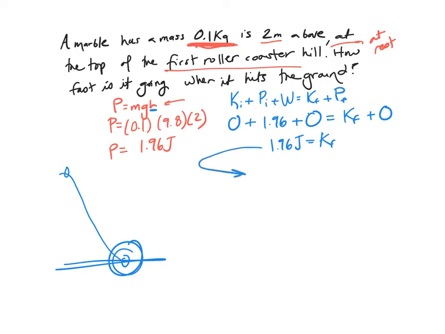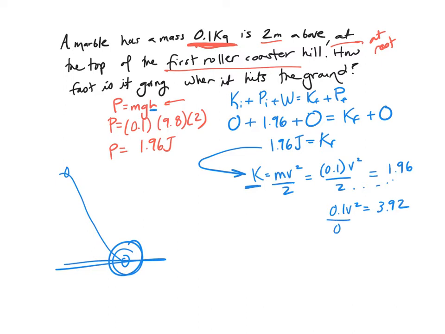What do we do with that? Well, if they want the velocity, you're always going to have to use this equation. Why? It's the only one that has velocity in it. So the mass is 0.1. We're solving for the velocity squared divided by 2, and our kinetic energy was equal to 1.96. So easiest way to do this, probably going to multiply up that 2. Okay, so we have 0.1 v squared equals 3.92.